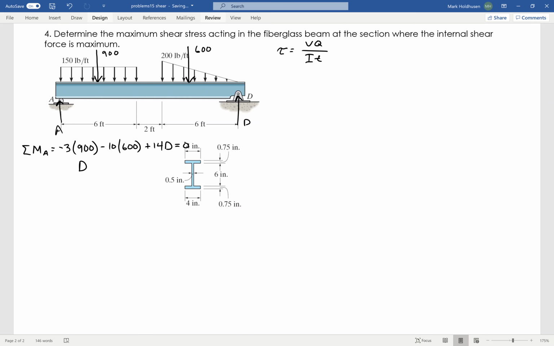From that, I can find that D equals 621.4, and then A, because I know that the total downward has to be 1500, A then has to be 878.6.